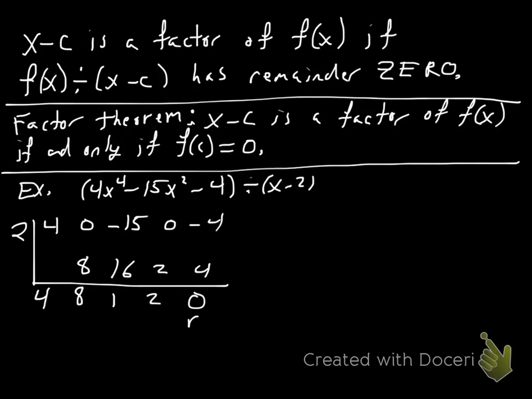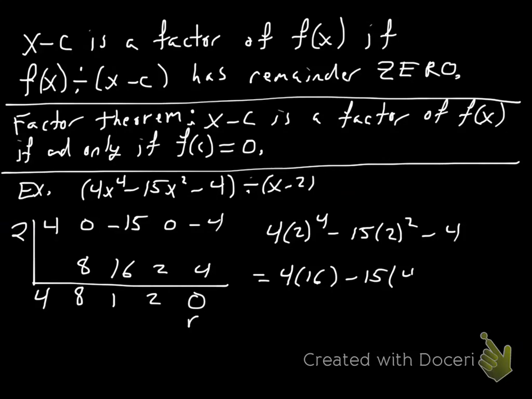So the factor theorem says that if I divide that polynomial by x minus 2 and I get a remainder of 0, then that means 2 is going to be a 0 or a root, which means if I plug it into the polynomial, I should get an answer of 0. So we'll go ahead and do that. And again, you need to be careful about the negative signs when you're working these out.